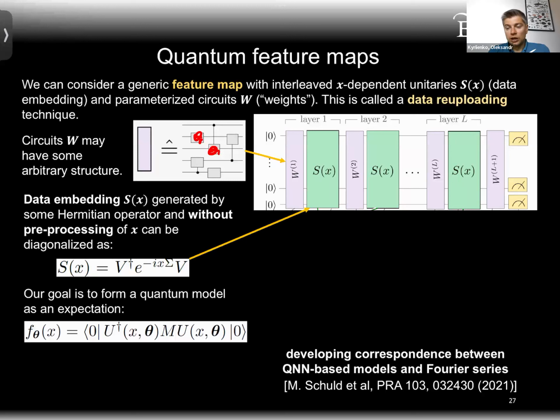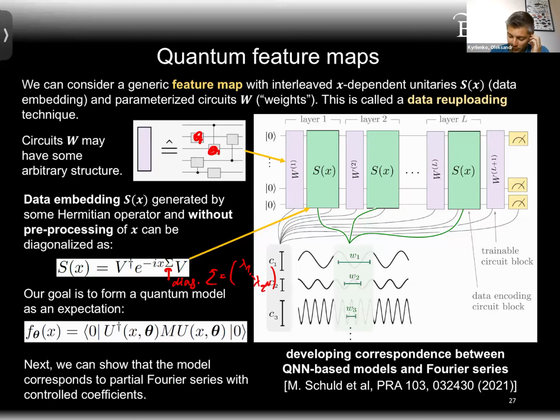To understand what's going on in the system, you can consider the diagonal feature map. What does it mean? You just take a unitary s of x and you say that there is a diagonal operator that contains eigenvalues. So for instance, lambda 1, lambda 2 to lambda 2 to the power of n, and zeros everywhere else. And your basis change that leads to diagonalization can be absorbed in the W's outside.